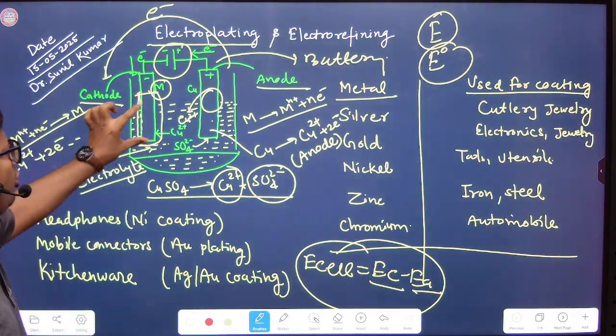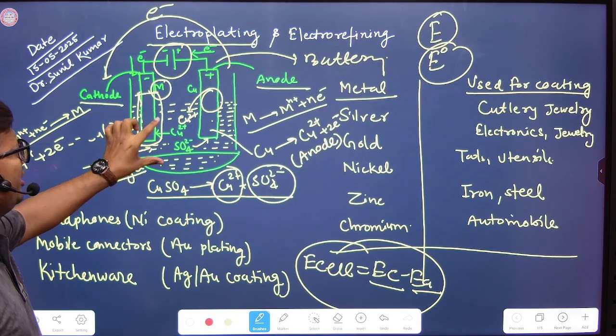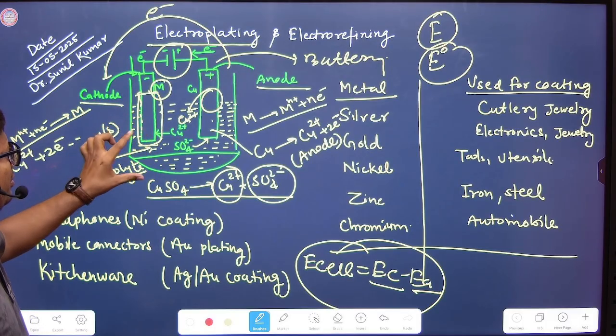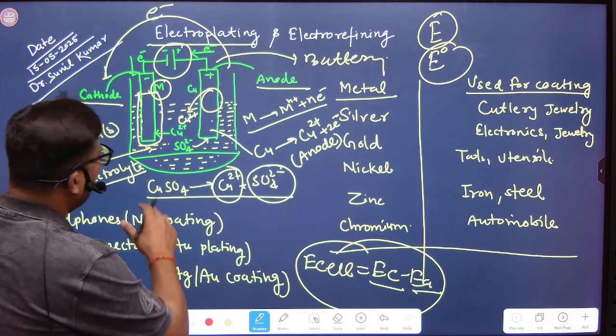So the anode acts as a donor of metal that is required to deposit on the cathode. So here the cathode is a receptor or acceptor of the anode metal, so it is deposited.